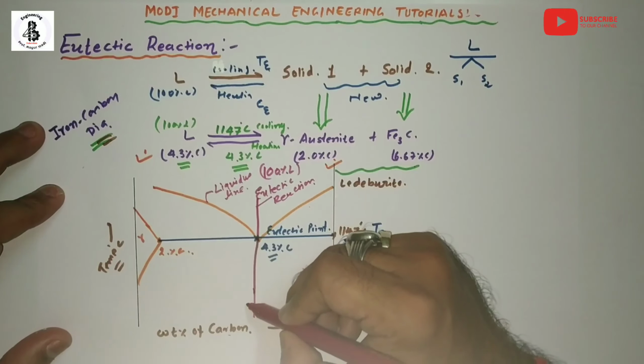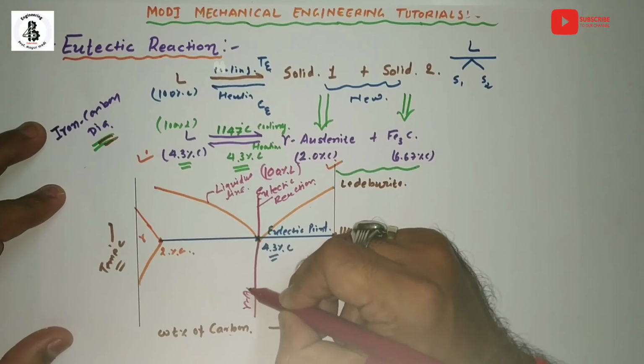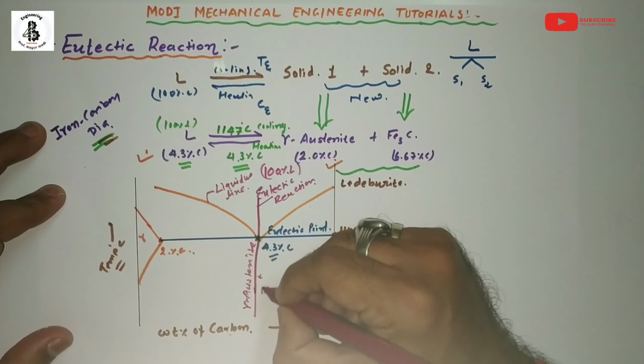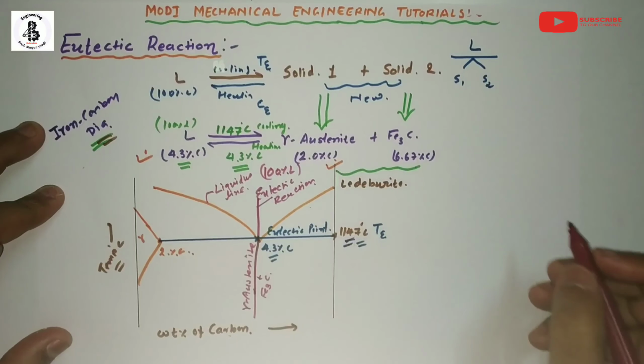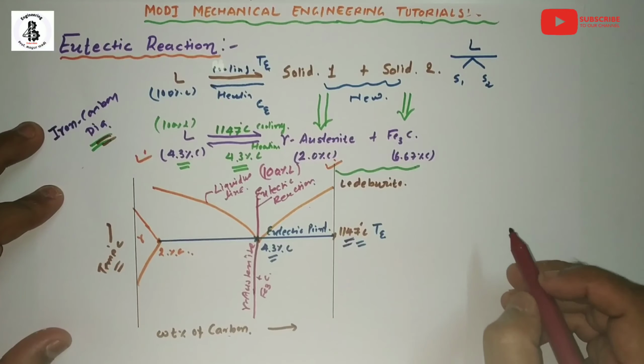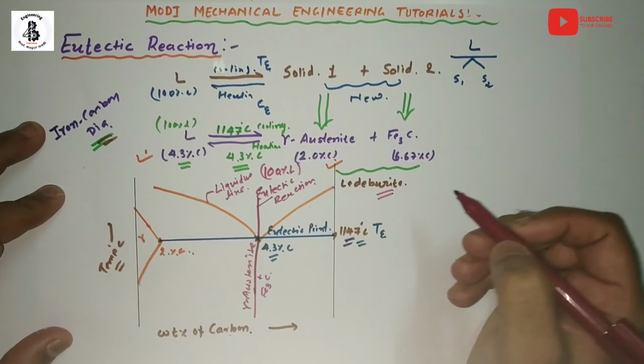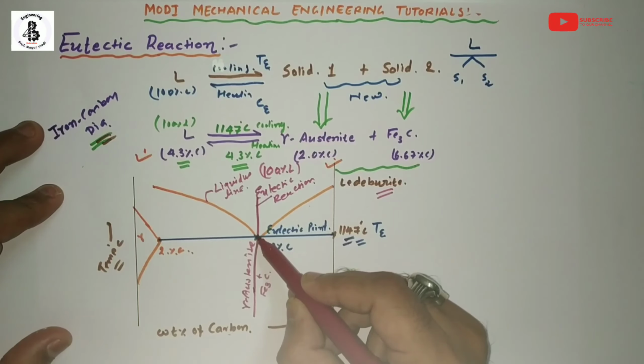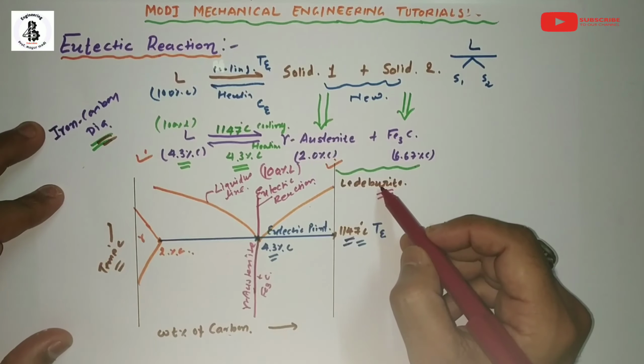That would be nothing but gamma austenite plus cementite, or Fe3C. That will be ledeburite. So at this point only there will be the formation of ledeburite.